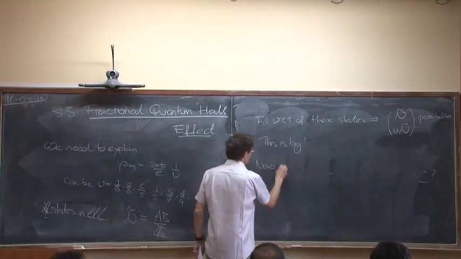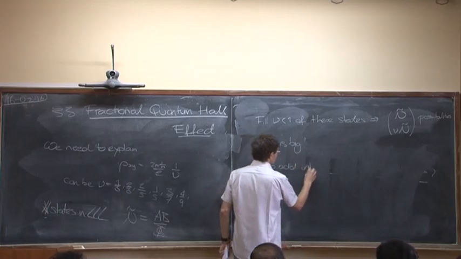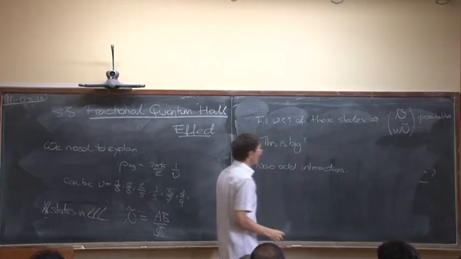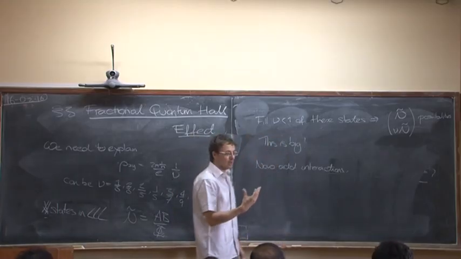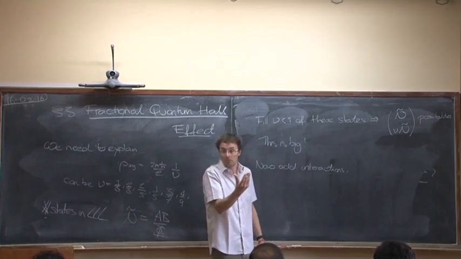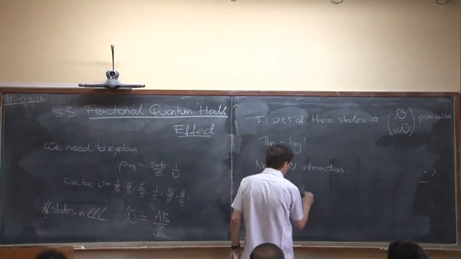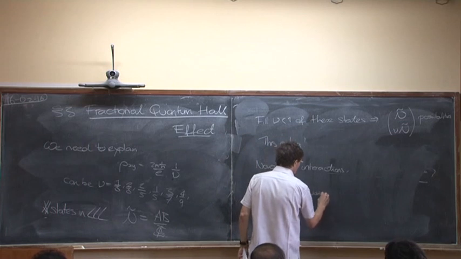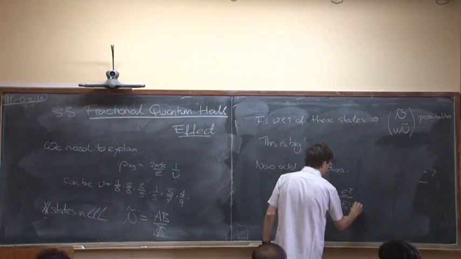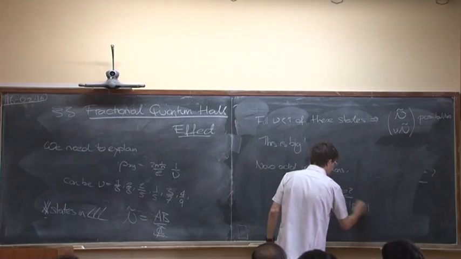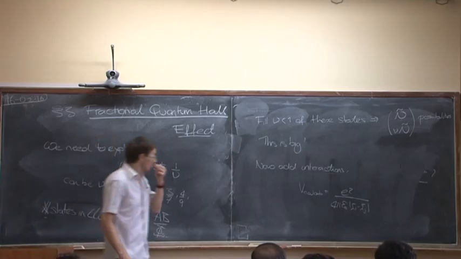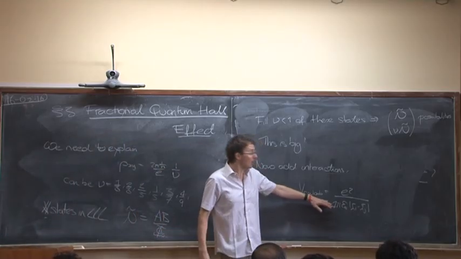Now let's add interactions. And we'll assume that there's no disorder for the moment. The most prominent interaction between electrons is simply the Coulomb force. So we know that at the very least, electrons experience some kind of Coulomb force.